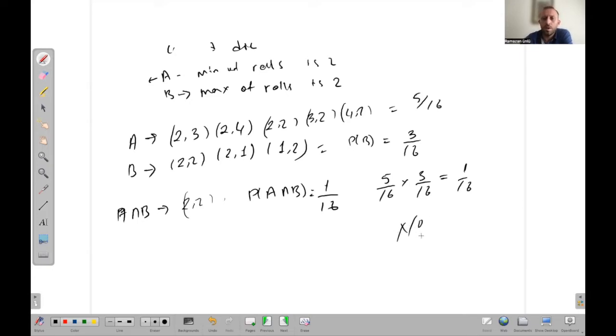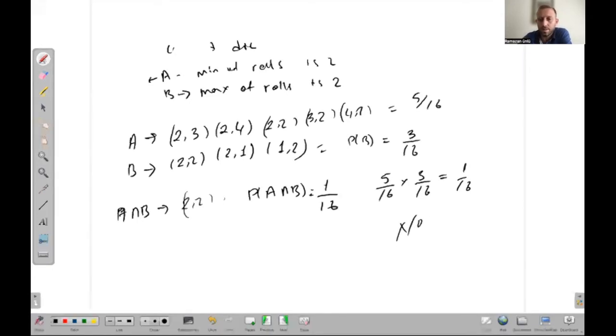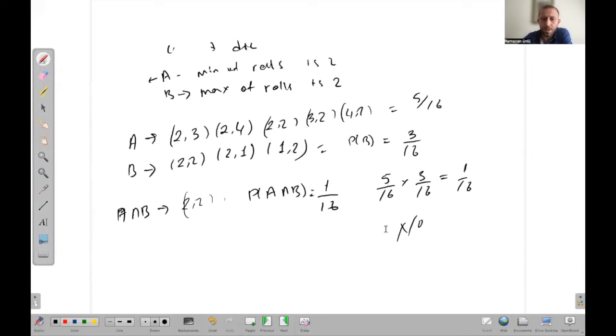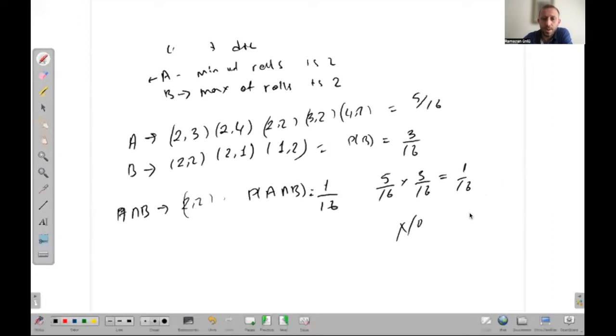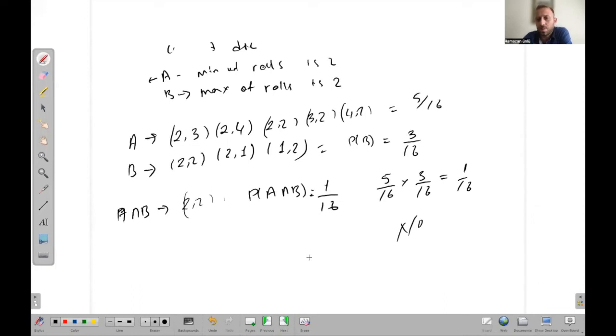No. So I can say that these two events are not independent. Why? If you look at the definition of independence, we say that the events will not provide any extra information about the other events, or in other words, it will not change the probability of the other events, right?